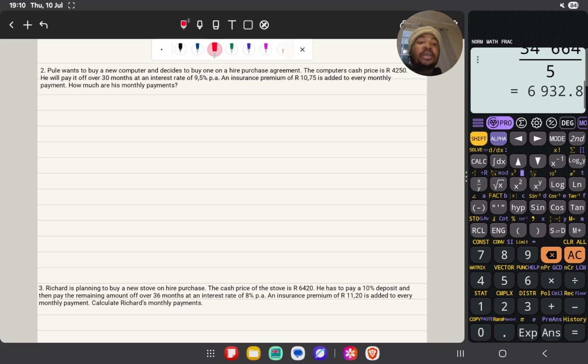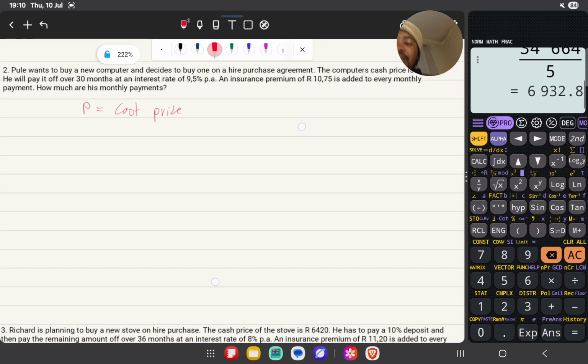Cool. You guys know the structure. Every question on hire purchase, question number 1: do I have a deposit? No. Therefore, principal equals cost price, or you can say cash price.